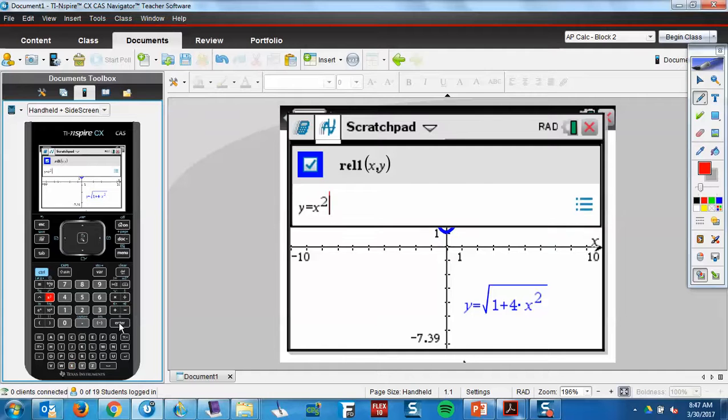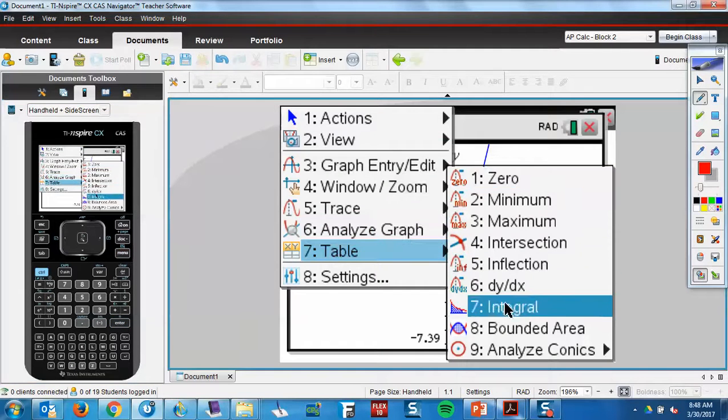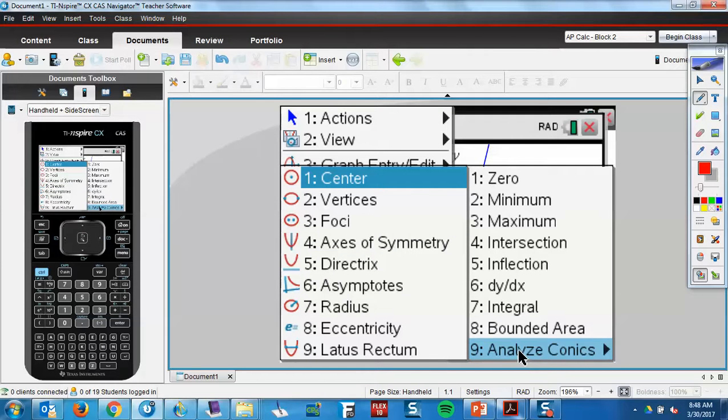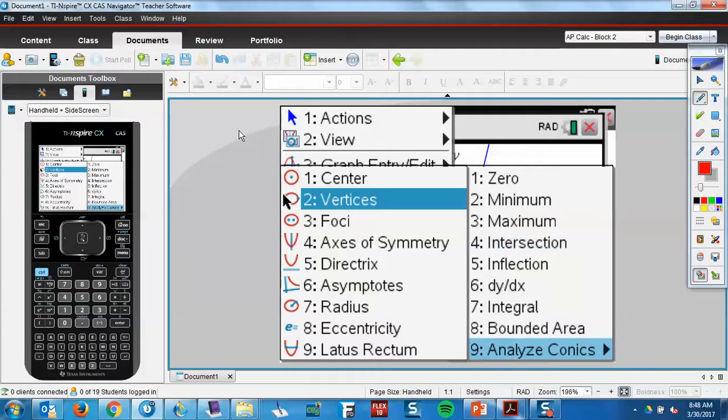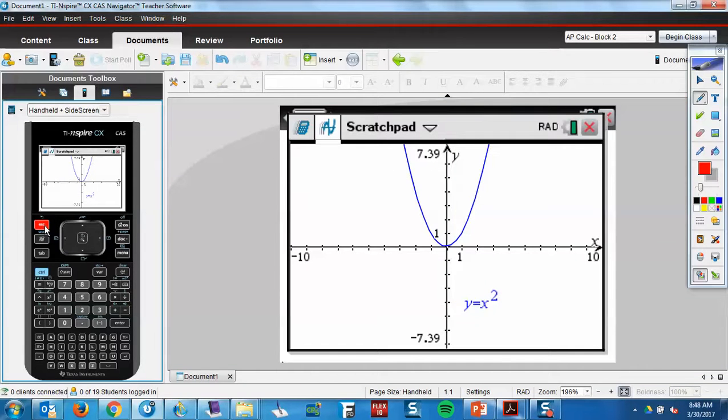All right. So now I think under Analyze Graph, no, I thought there was something somewhere.